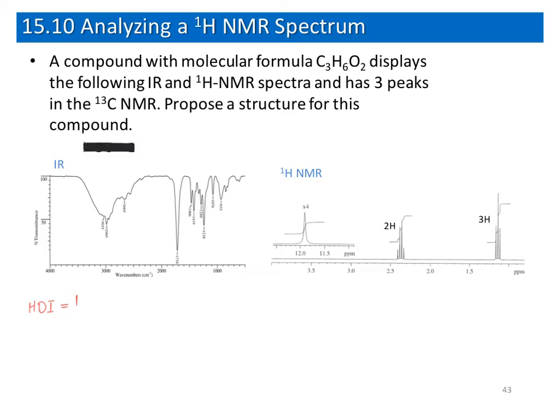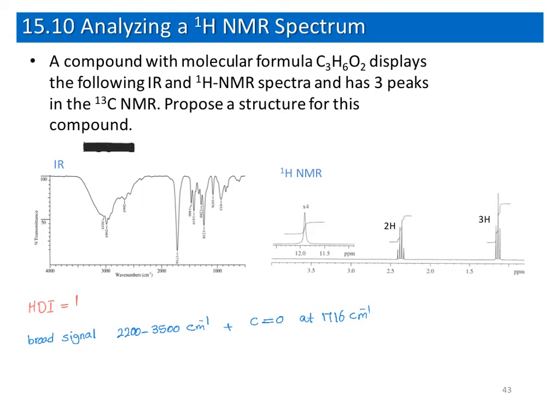So we are going to write down this piece of information. We have a broad signal at around 2200 to 3500, and also a signal at around 1716.